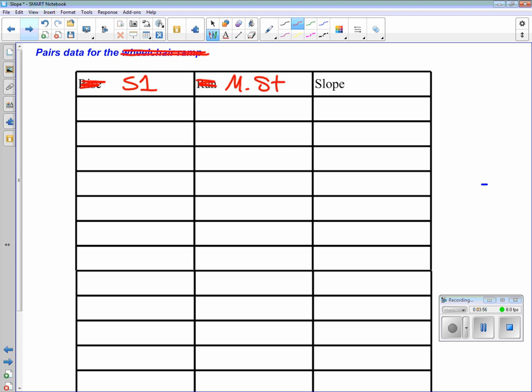Let's see what we have. This table, give me your answers for stairwell 1 and middle stairwell. Just give me the slope. 0.55? And then middle stairwell? 0.53. Okay. Next table?